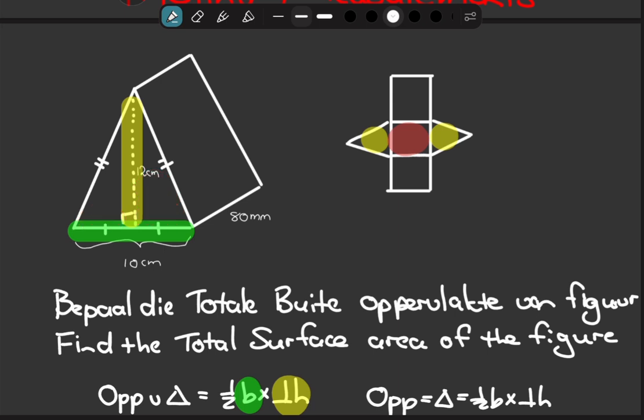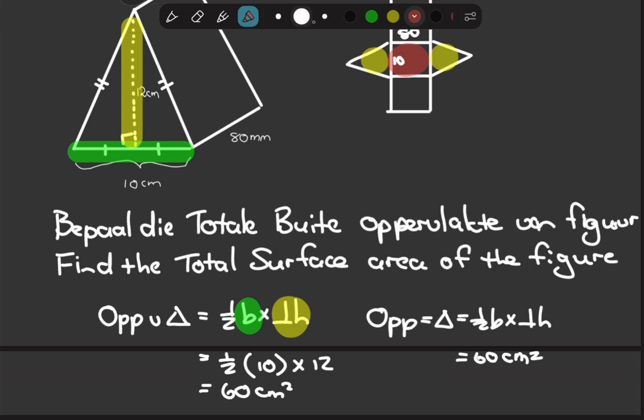Okay, so we need to find the surface area. Well, it makes sense if I say this is obviously 80, maar hierdie kant is 10. So it probably makes sense because we're going to use this piece over here. That's the 80. And we're going to use this piece over here, which is the 10. Okay, so ons het een oppervlakte van dit. So ons werk gou daai oppervlakte uit.